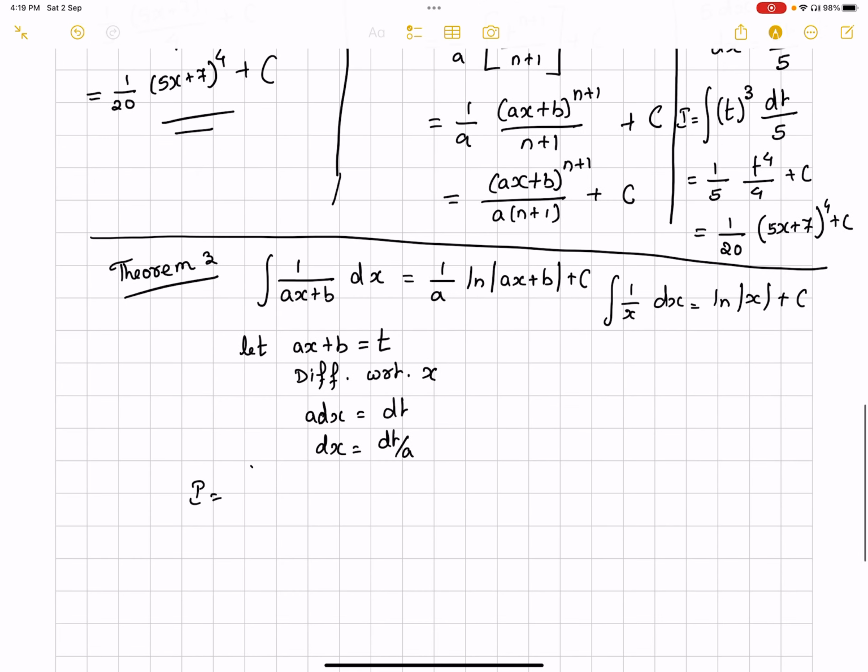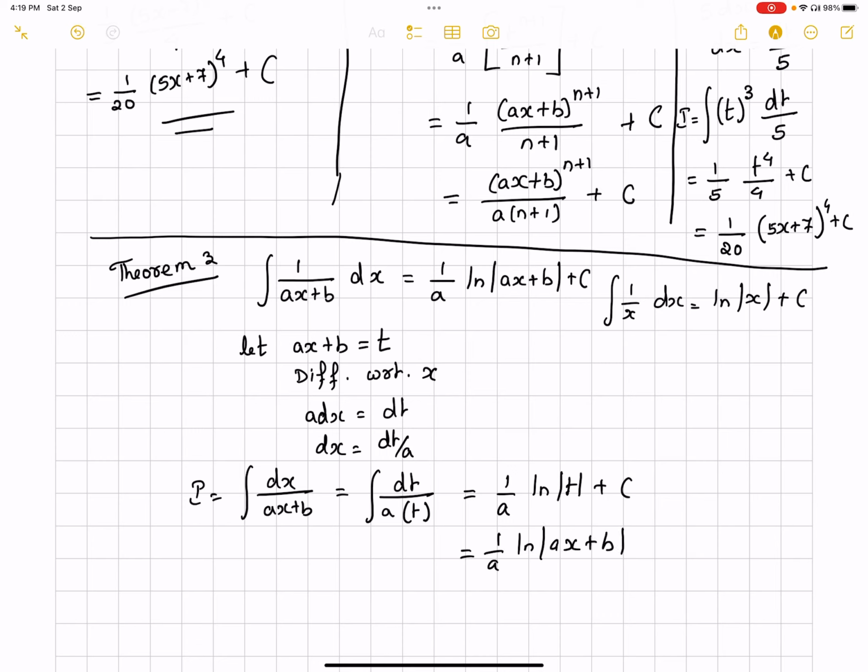I is equal to the integral of dx divided by ax plus b, and this is getting replaced by dt by a into t. Obviously 1 by a is a constant and the integral of dt by t is nothing but ln of mod t plus c. What is t? t is nothing but ax plus b, and then plus c. That's it. So this is how we would be doing it in our substitution method.